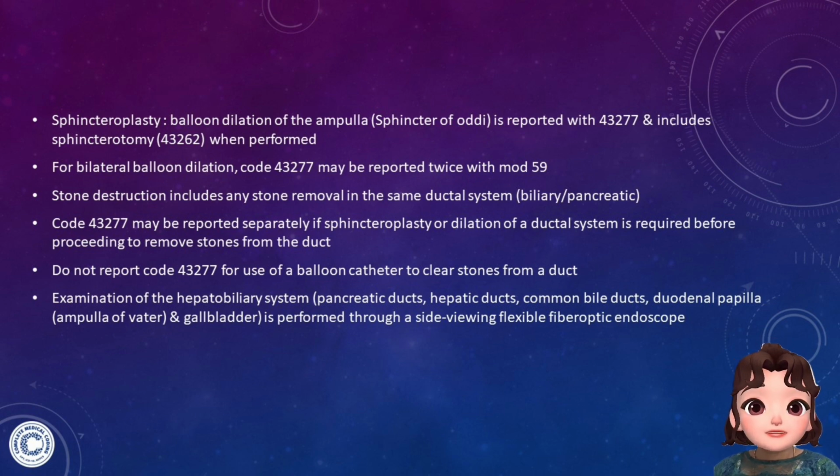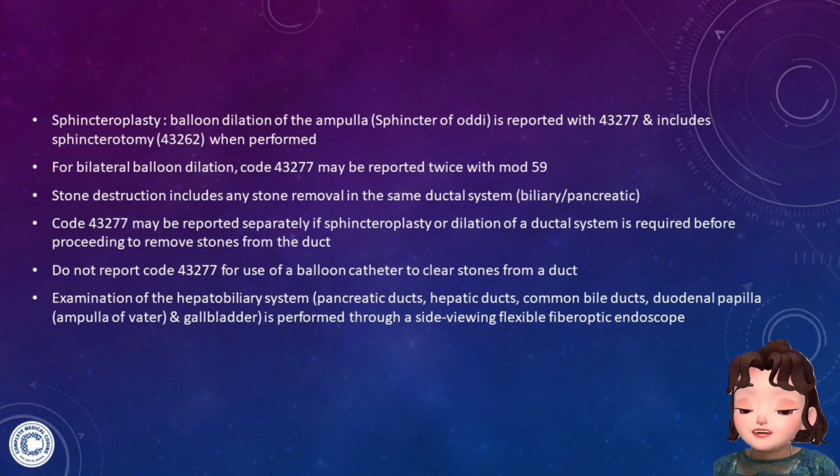Sphincteroplasty. What do you mean by sphincteroplasty? It means balloon dilation of the ampulla. What is ampulla? Sphincter of Oddi. Sphincter of Oddi is another term for ampulla. So balloon dilation of ampulla is called sphincteroplasty. It is reported with 43277 and includes sphincterotomy 43262 when performed.